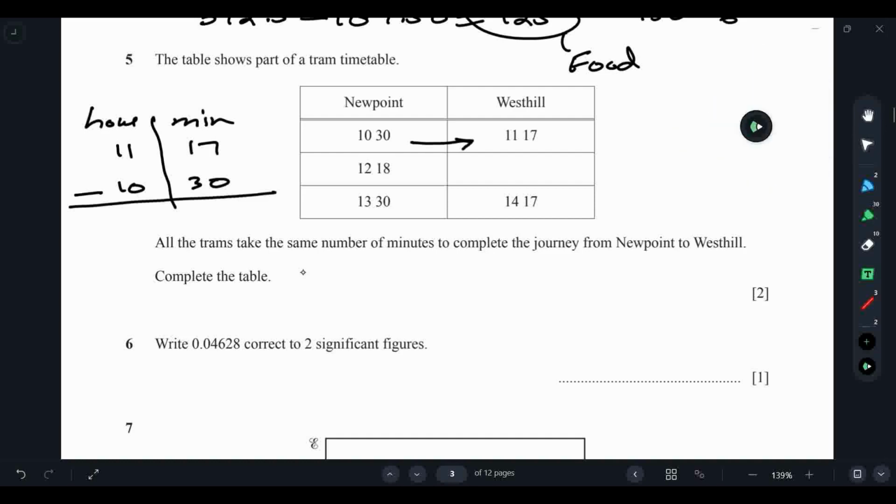If we want to subtract, we take 1 hour from here, which means we add 60 minutes over here.